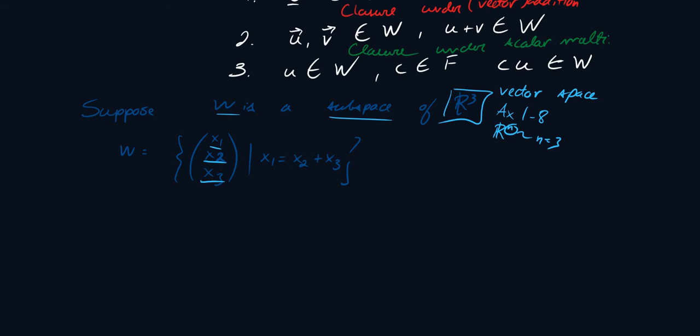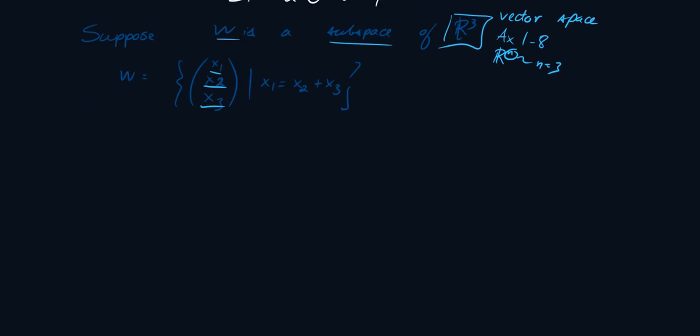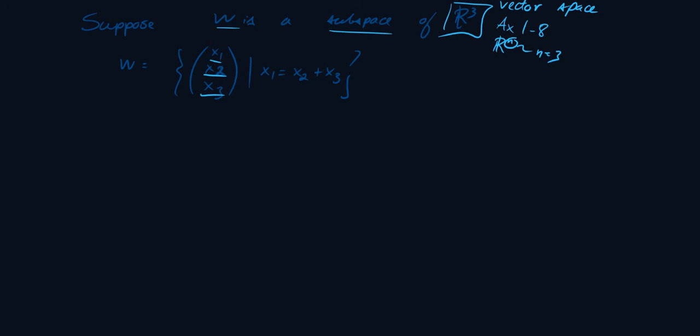So now, let's look at some of the properties of this subspace. Let's just take 2 elements in W. That's going to be, say, (0, 1, -1) and (2, 1, 1).